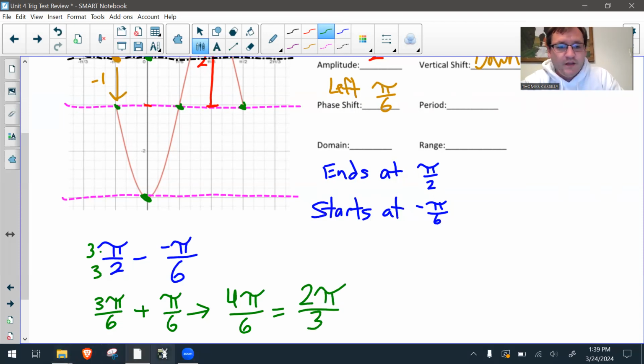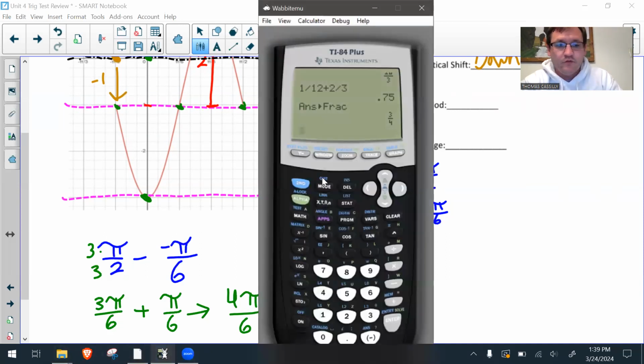2pi/3. And again, if you wanted to do this on your calculator, if you don't like adding fractions, that's totally fine. What I would recommend doing is leave that pi off of there. All right, so the pi/2, just call that 1/2. All right, 1/2, and then minus, we're just going to call it -1/6. All right, so 1/2 is just 1 divided by 2. 1/6 is 1 divided by 6.